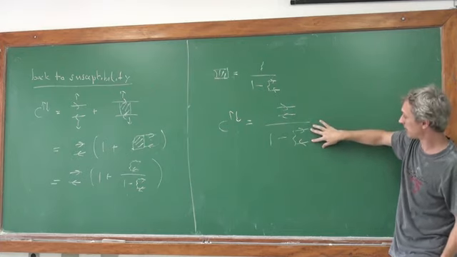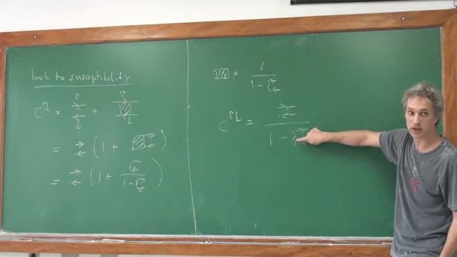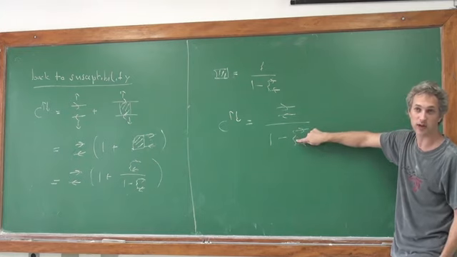This here is the density of states, or actually minus the density of states with the interaction line, which was minus u.